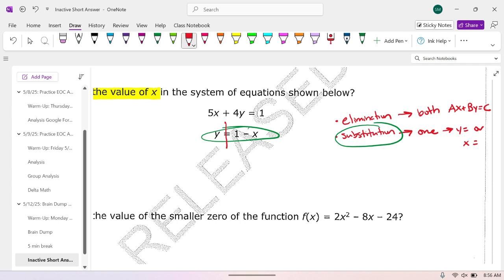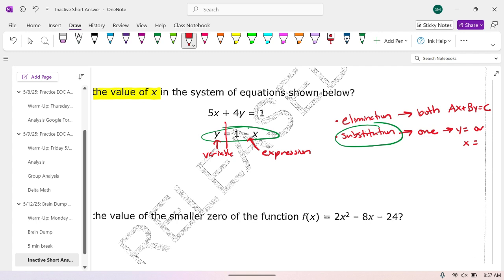So if I separate the two, which side is the singular variable, which side is the expression? So the y is the singular variable, 1 minus x is the expression. So we replace the singular variable with the expression.